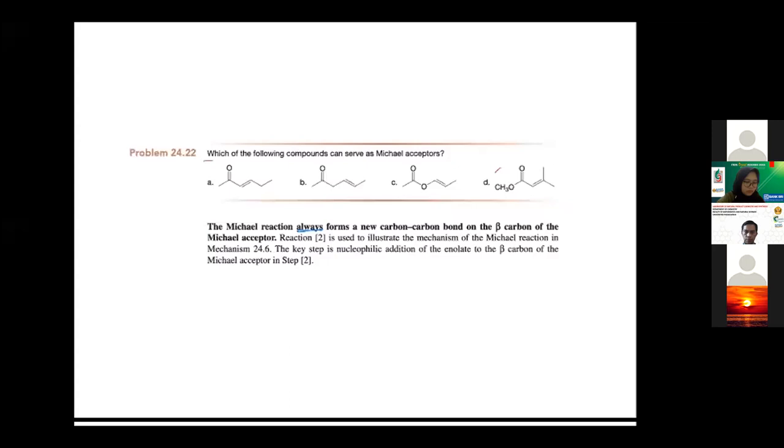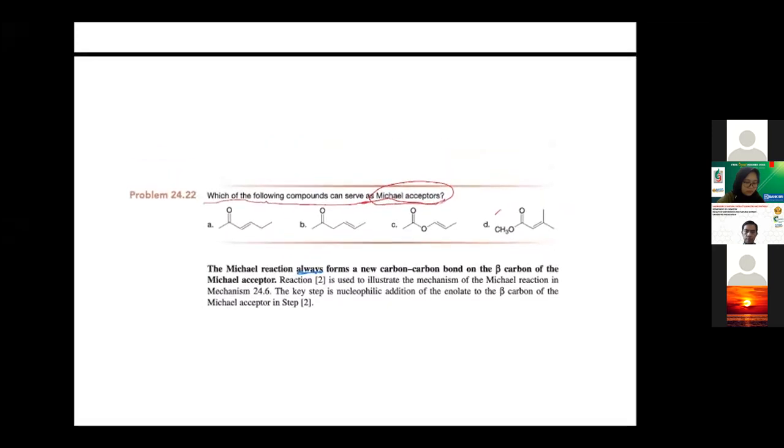And here, which of the following compounds can serve as a Michael acceptor? Michael acceptor. What does acceptor mean? It is not the enolate, which does the nucleophilic attack. We can say donor here. The acceptor is attacked by the enolate, nucleophilically. This is the carbonyl. This is the alpha, beta unsaturated compound.